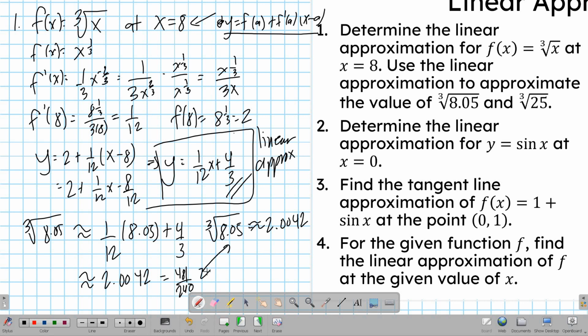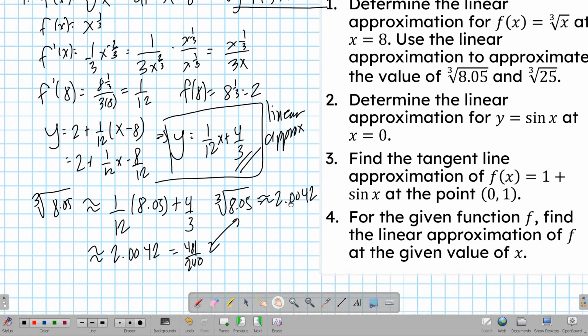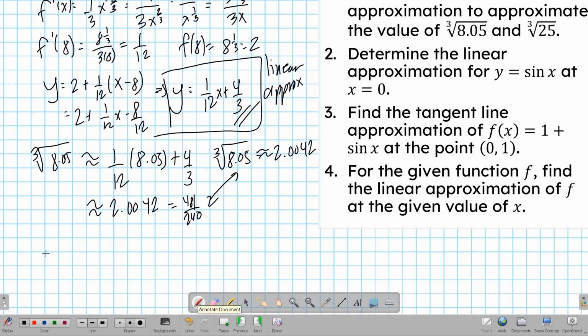However, if we are to find the cube root of 25 using this linear approximation, it might not be that accurate. The linear approximation at 25 is 1 over 12 times 25 plus 4/3. That gives us 41 over 12, which is around 3.4167.